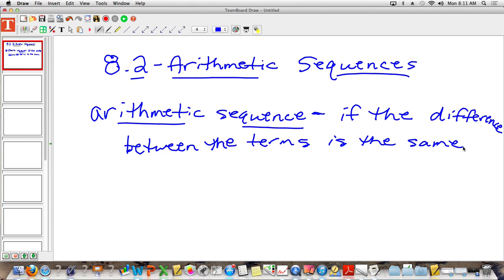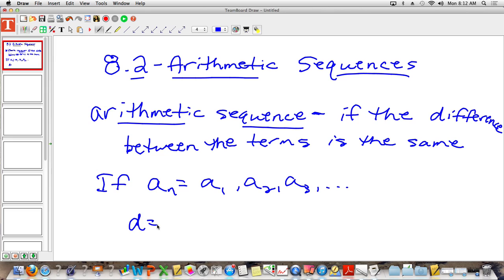And that difference between the terms, we always note with a lowercase d. Do you guys remember that from last year? Lowercase d represented the differences between the terms. So if you have some sequence, a sub n is equal to a sub 1, comma, a sub 2, comma, a sub 3, dot, dot, dot, you would find the differences by subtracting any two terms from each other.